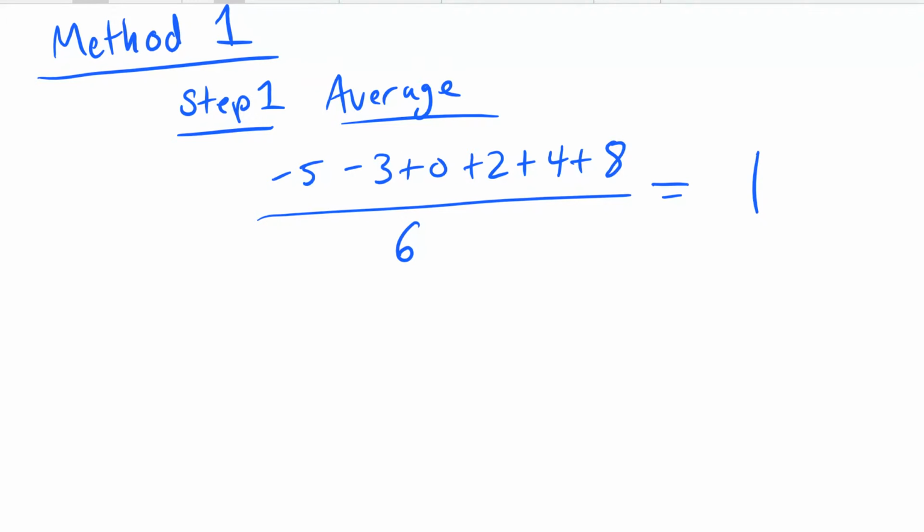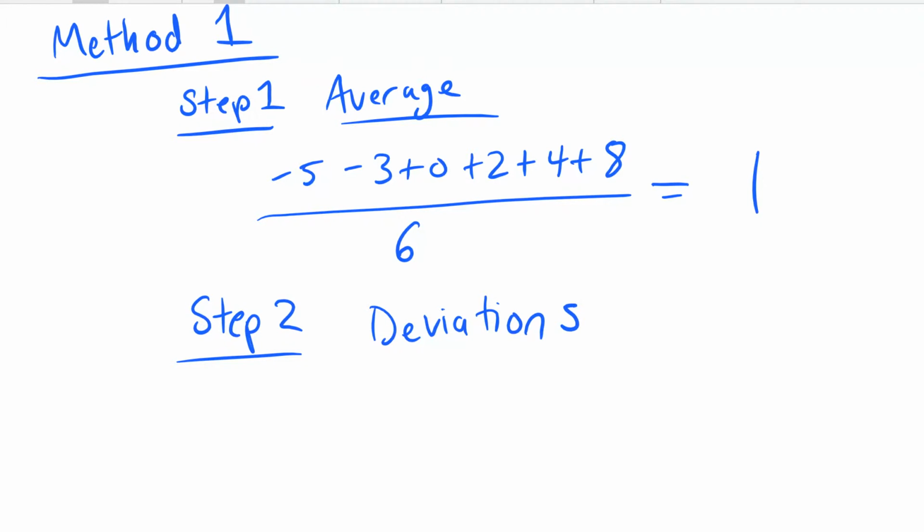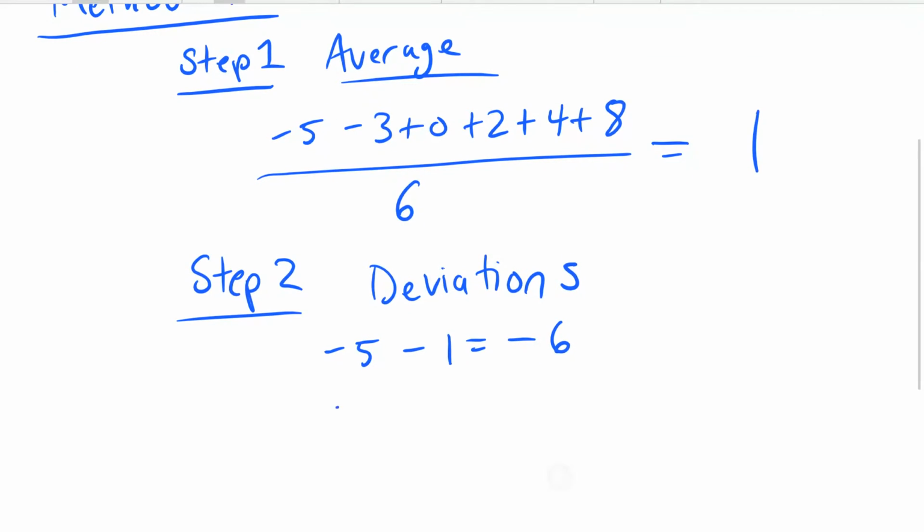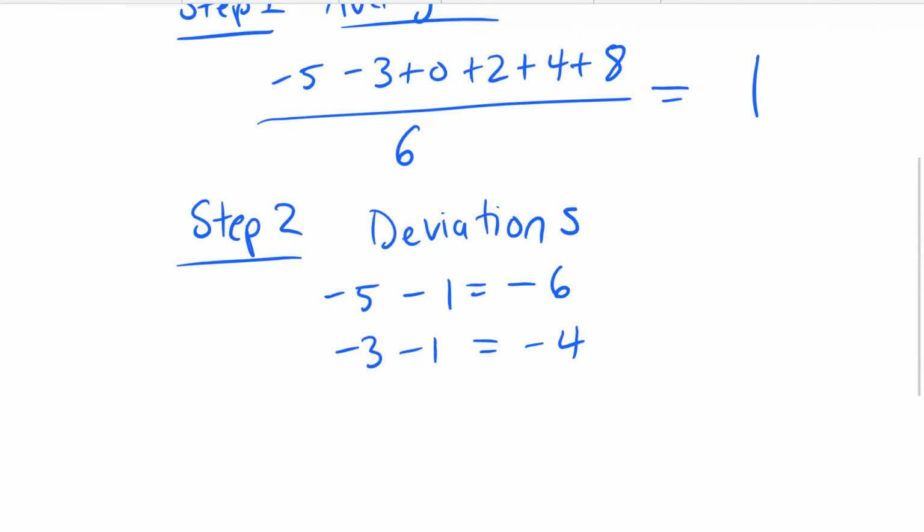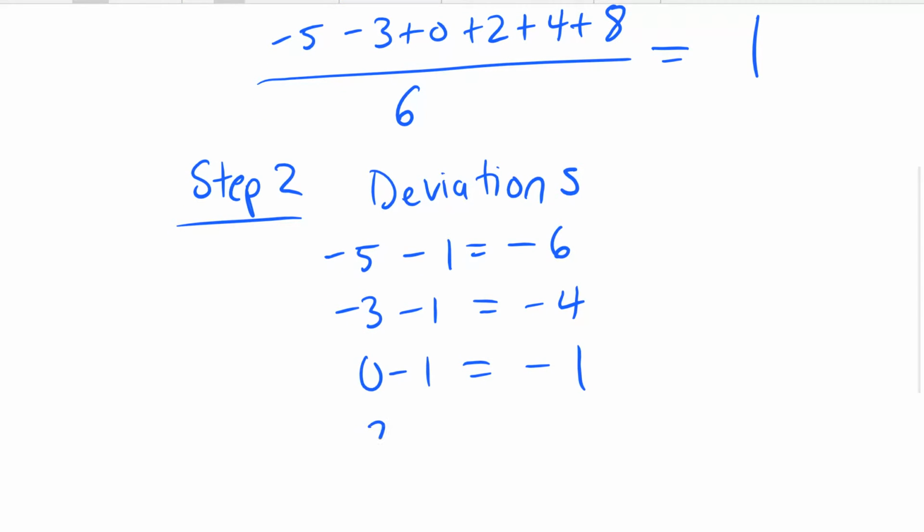Step 2 is to find the deviations from the average. To find the deviations, we take each number and we subtract the average from it. The first number in the list was -5. We subtract 1, we get -6. -3 minus 1 is -4. 0 minus 1 is -1. 2 minus 1 is 1.